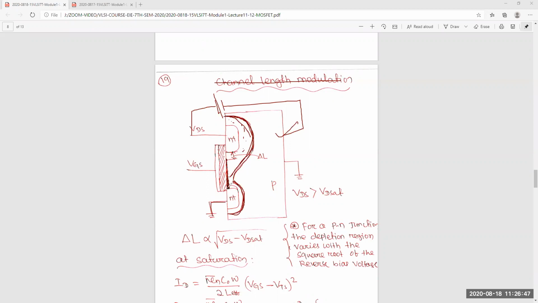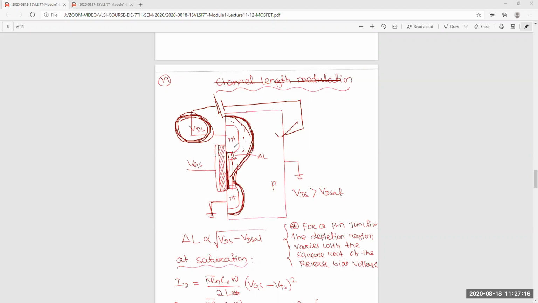That means channel length initially this, now this, now this, like this. Channel is decreasing by changing this voltage. In the BJT case, if you change the reverse bias voltage, base width decreases, but here channel length decreases. So that is called channel length modulation.